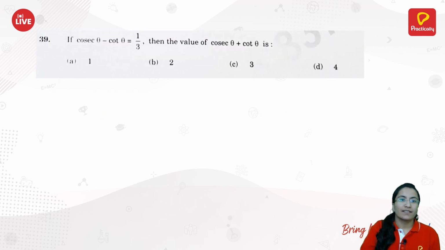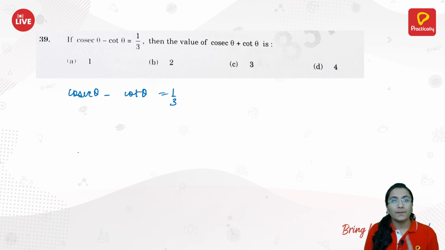Next question is, if cosecant theta minus cot theta is 1 by 3, then cosecant theta plus cot theta is? So we have cosecant theta minus cot theta equal to 1 by 3. Multiply both sides by cosecant theta plus cot theta.